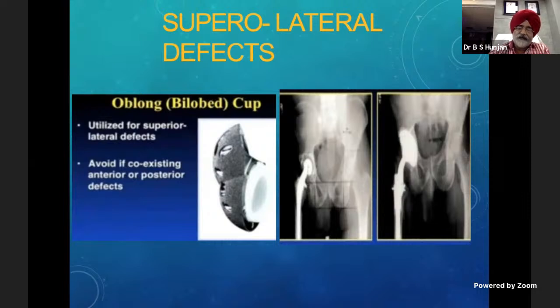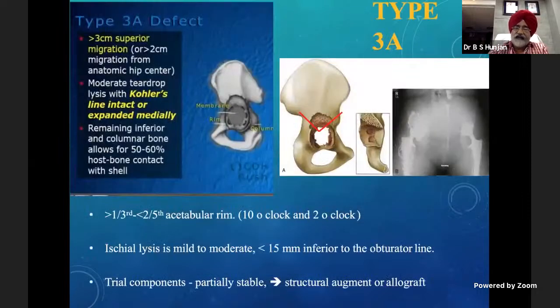And then 3A. In 3A, the loss is more in this case, with more than 3 centimeters of superior migration, and moderate teardrop lysis, and the Kohler line is intact in 3A.